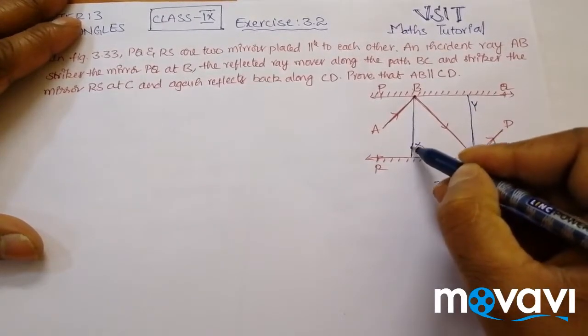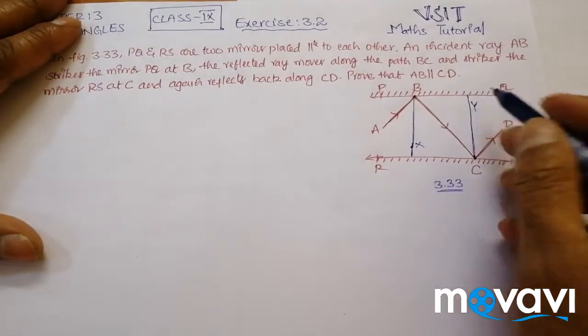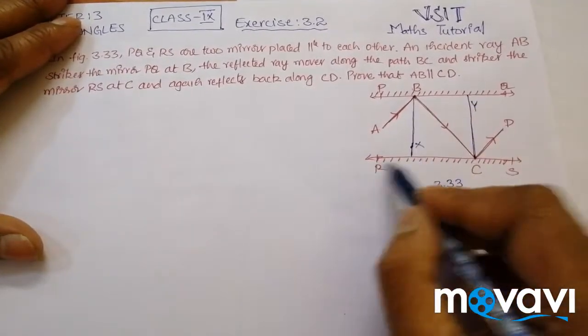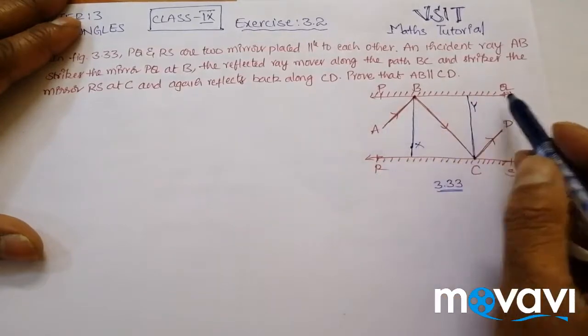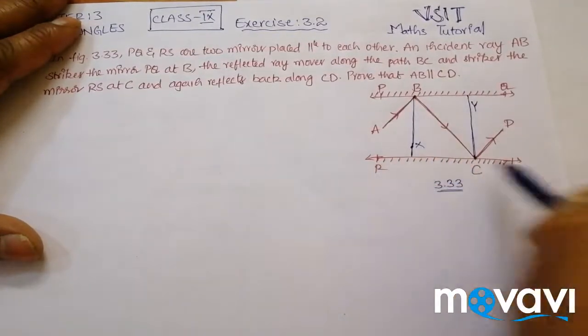See, these normals are perpendicular to the parallel lines. This BX is perpendicular to RS and PQ, and this CY is perpendicular to PQ and RS.